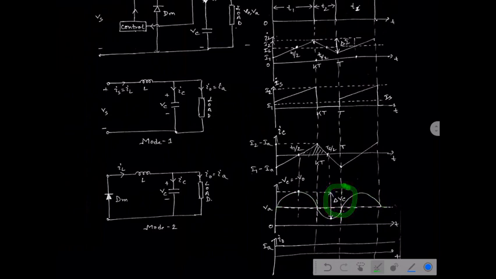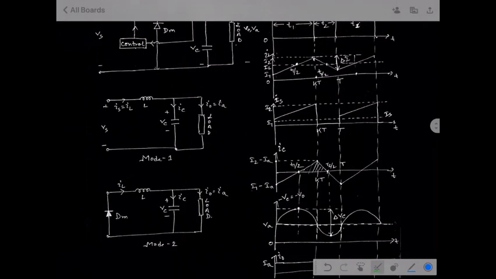This peak to peak ripple voltage depends on the capacitor voltage as well as the inductor current. So this constant magnitude of current appearing across the load depends on the charging and discharging of the inductor and capacitor. That is why this LC works as a filter to maintain the current at a constant magnitude to the load.